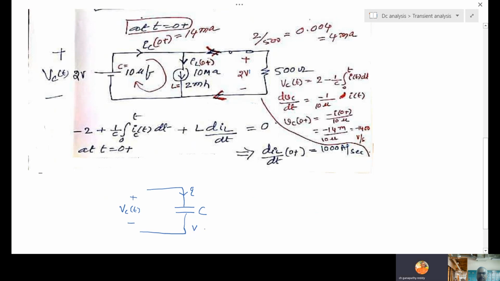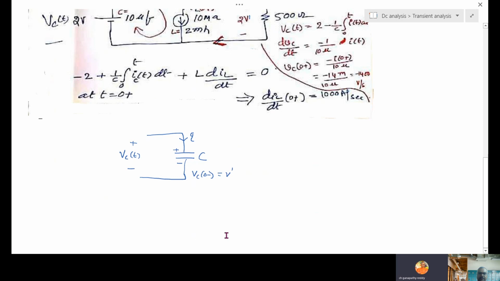The initial voltage Vc 0 minus with this polarity given is V prime. So how to write the equation? Started positive, go to negative. So V prime minus 1 by c integral 0 to t, or 0 plus, I of t dt.